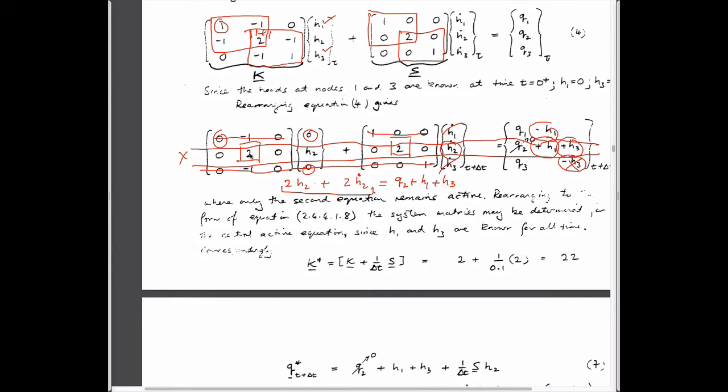So this is k, we only have one term, this is 2. This is s, we only have one term, this is also 2. We have a value for delta t, we said that was 0.1 seconds. And this is this k star matrix. And this whole term here on the right-hand side is almost q star.